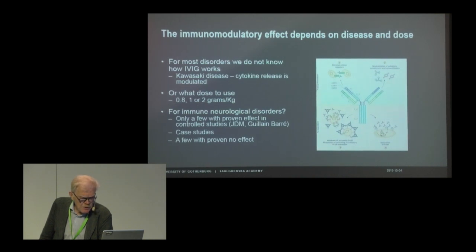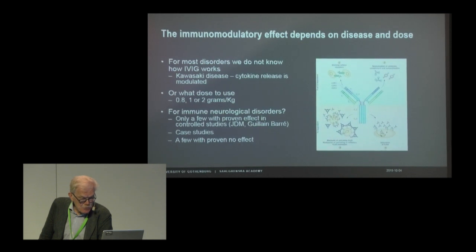I would say one of the diseases where we most likely know how it works is Kawasaki disease, a general vasculitis that can cause heart problems in small children. There is the cytokine release and the inflammation that is stopped within minutes after you give it. We don't know what dose, I already alluded to that, and we can come back to that.